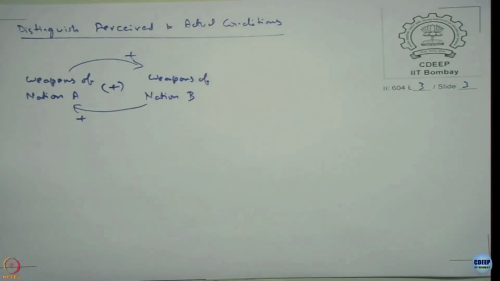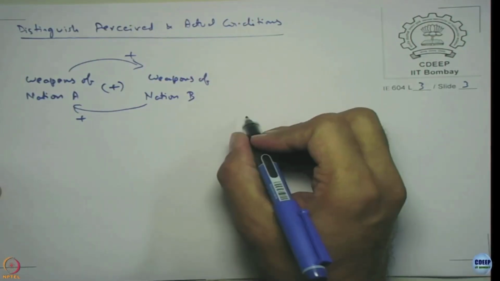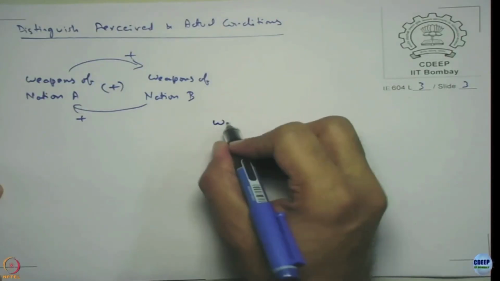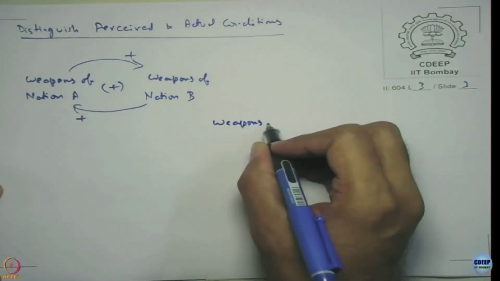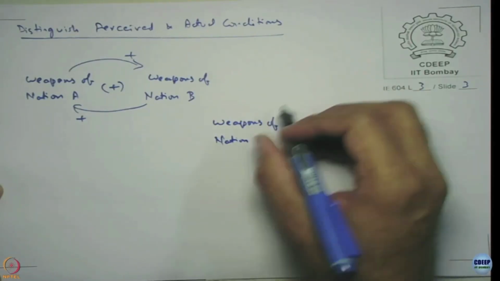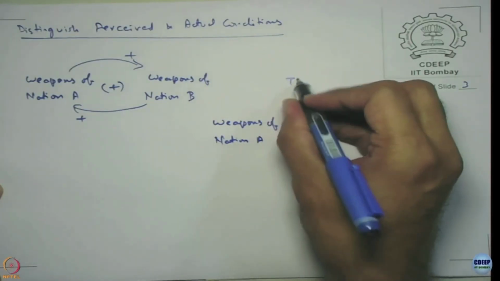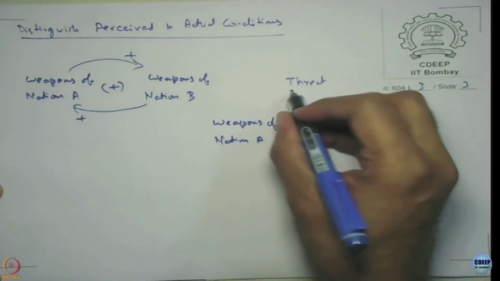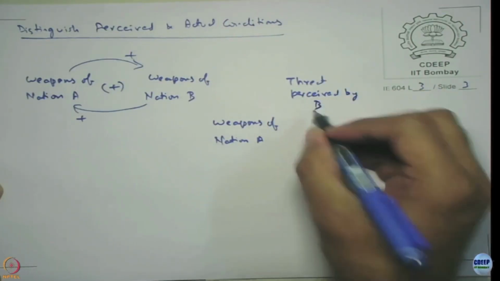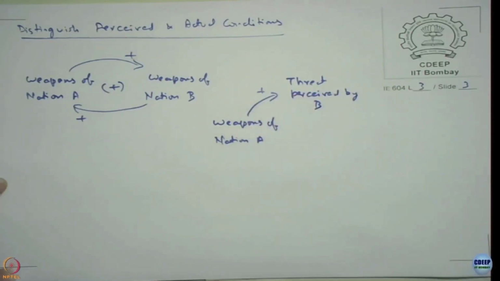But a better way to explain the same thing would be: weapons of nation A, threat perceived by B. So, as nation A's weapons increase, the threat perceived by B increases.